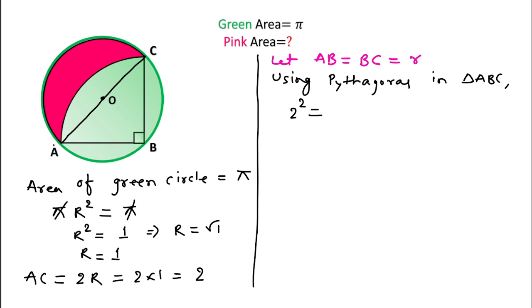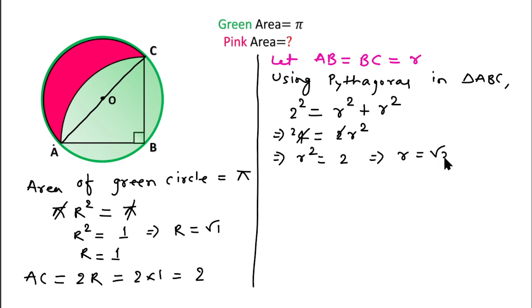AB is r, so r square. BC is also r, so r square. This means 4 is equal to 2r square. 2 will cancel 4 in 2 times. We can write r square is equal to 2, so this means r will be root 2 unit.